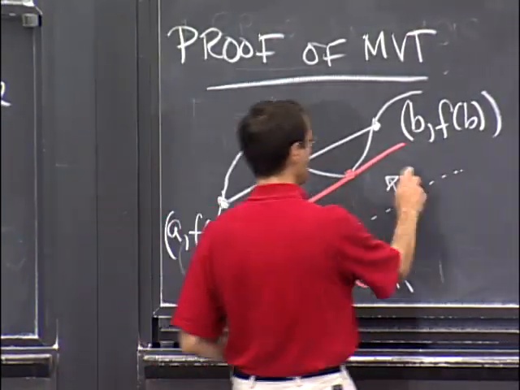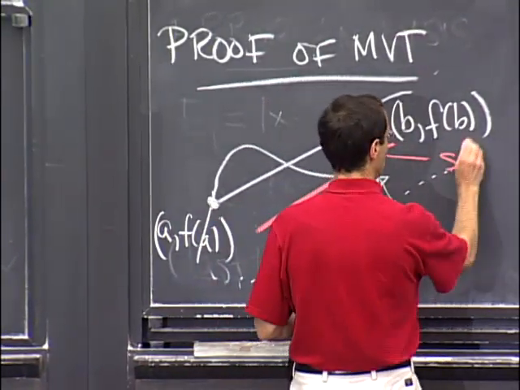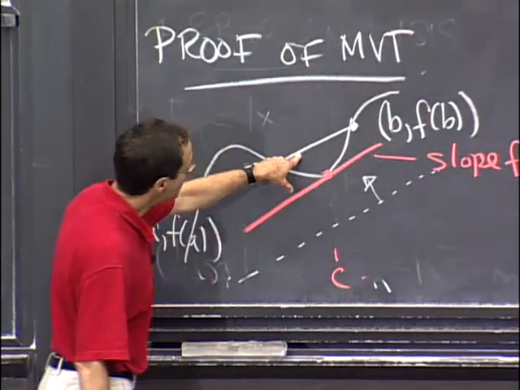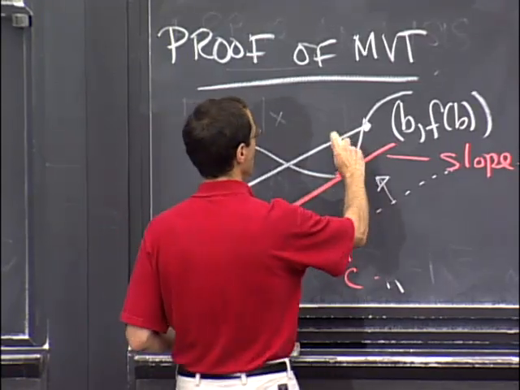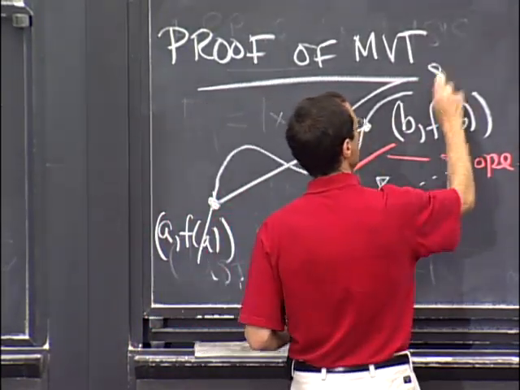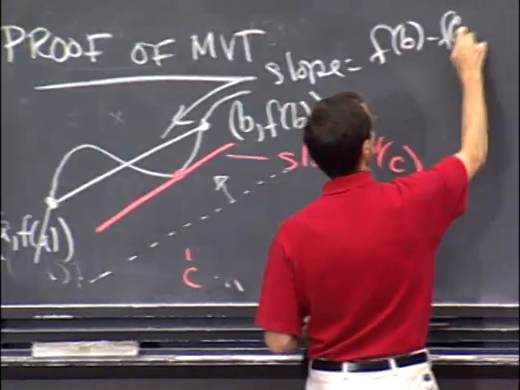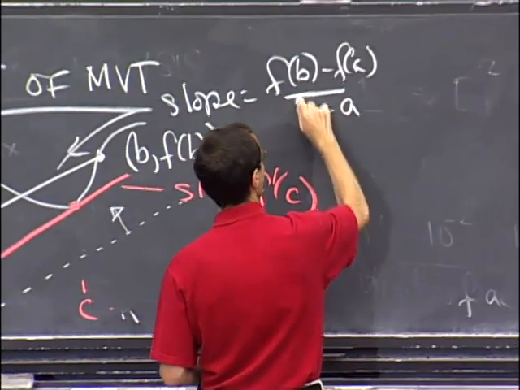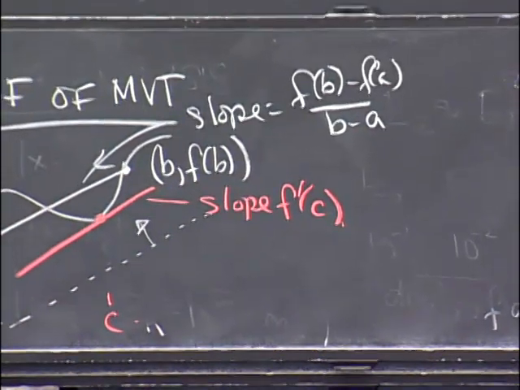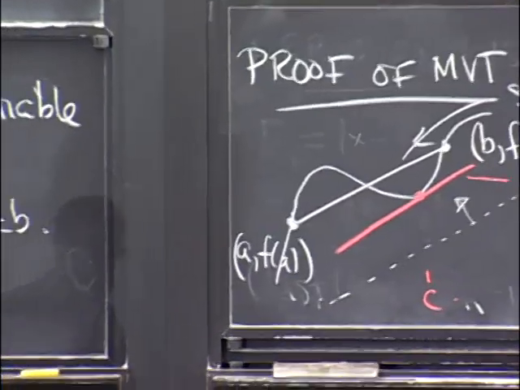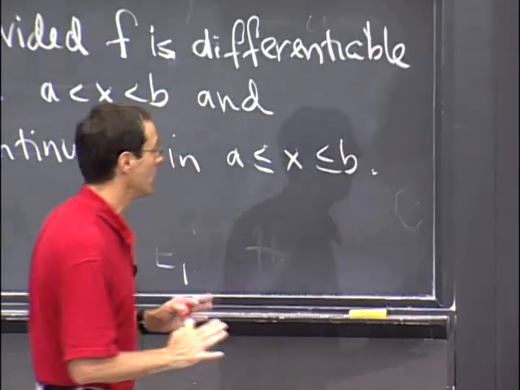So this thing has slope f prime of c, and this other one has slope equal to this complicated expression, f of b minus f of a divided by b minus a. That is almost the end of the proof.